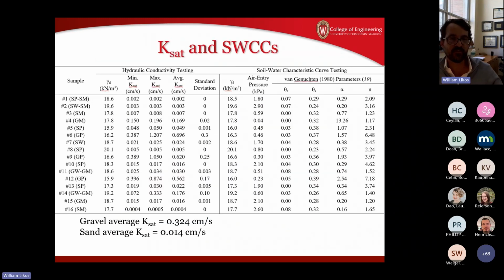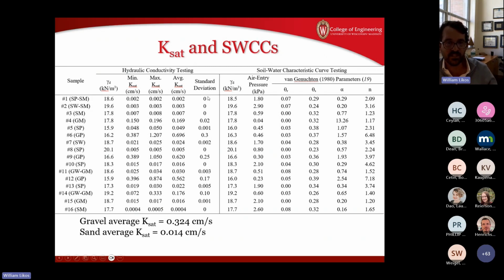Again, this table has lots of information, so I'll just point out a few things. These are for the 16 samples. Here are the dry unit weights that these were compacted to. Minimum saturation, which is likely at the highest gradient applied, and then maximum. And there's the average saturated hydraulic conductivity, those dashed lines through the data that we were looking at before.